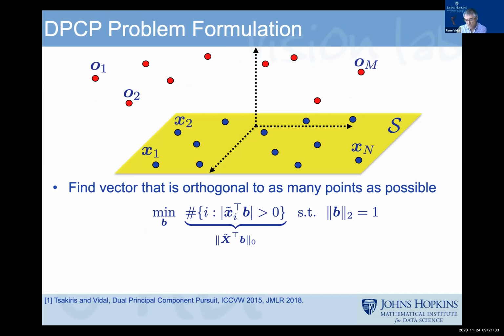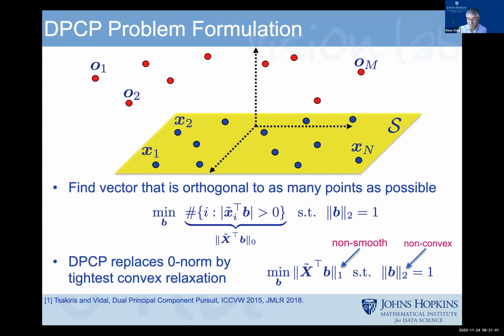And we are just going to enforce the norm of B to be 1, just to prevent the degenerate solution B equals 0. And as commonly done with the L0 semi-norm, we'll substitute it by the L1 norm. And so that leads to a problem that is L1 minimization-like, but it's non-convex actually. And the only reason it's non-convex is because of the spherical constraint that B needs to have unit norm.